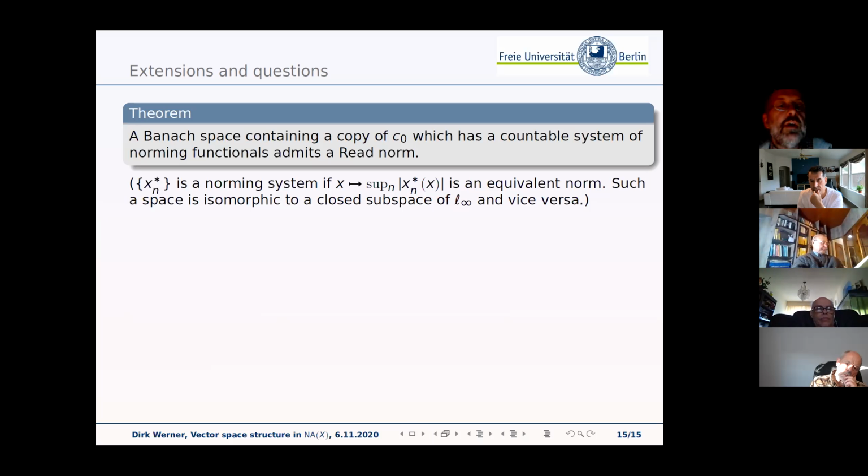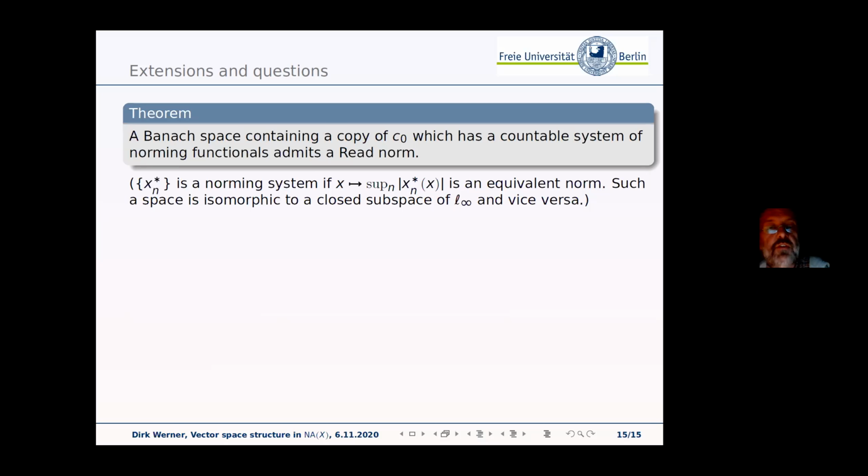So for example, if you look at little L infinity over an uncountable set, then however you renorm this space, it was proved by Partington that the renormed version of that space contains a copy of L infinity over the naturals. And since this is one complemented, you can easily check that there's always a linear subspace of norm-attaining functionals. So the theorem itself will not be true for all Banach spaces.